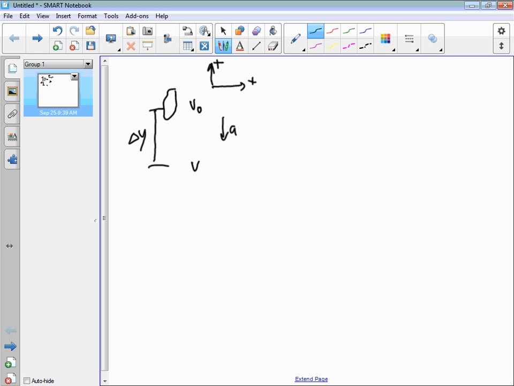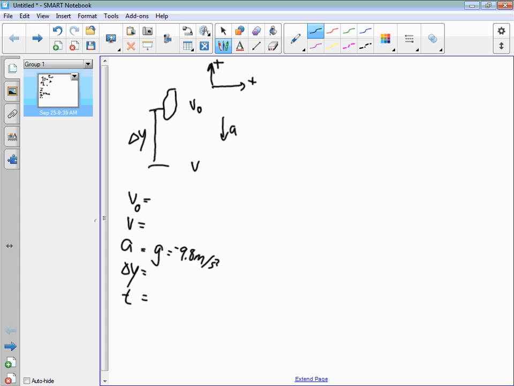Let's list out my variables: initial velocity, final velocity, acceleration, displacement on the y, and time. What information do I have so far? The acceleration due to gravity is little g. You can also say it's negative 9.8 meters per second squared.